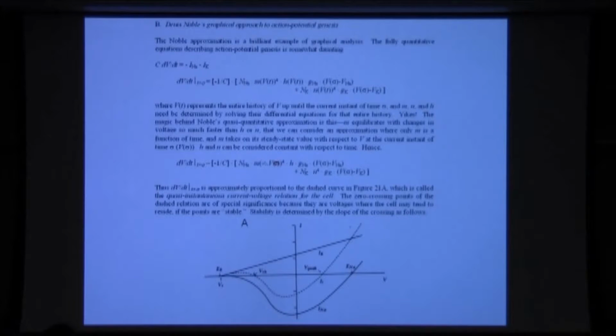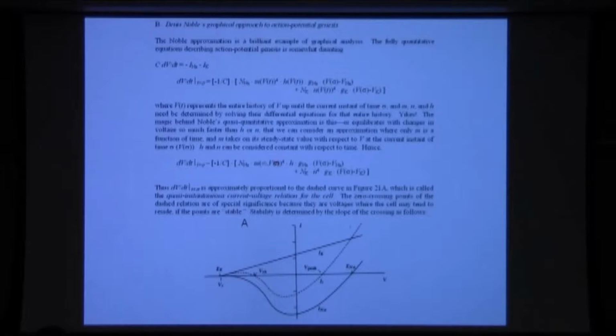So here's his reasoning. At a given instant of time, the H gates, remember they're slow and sluggish, are moving pretty slowly compared to the M gates. So for a little local snapshot around a small increment of time, let's call H a constant.